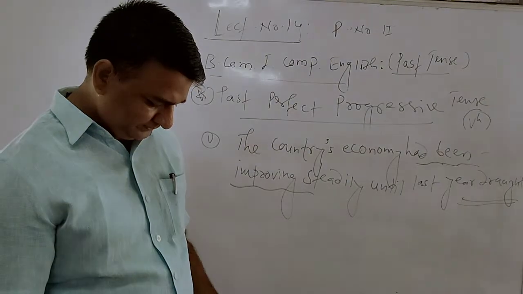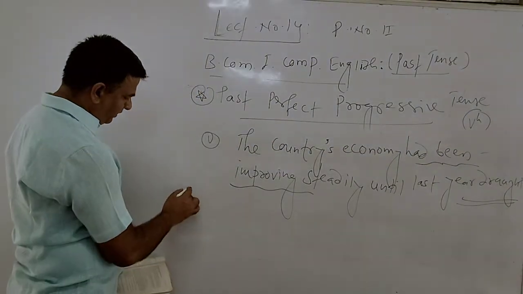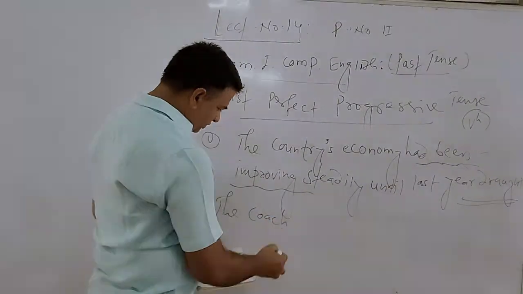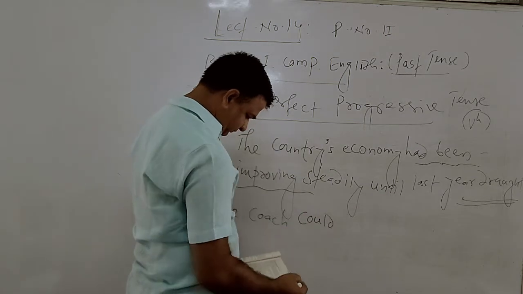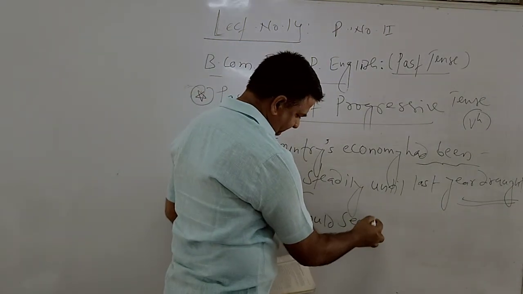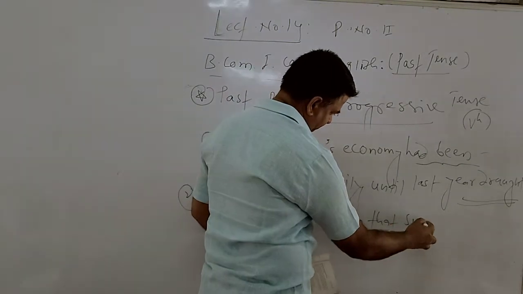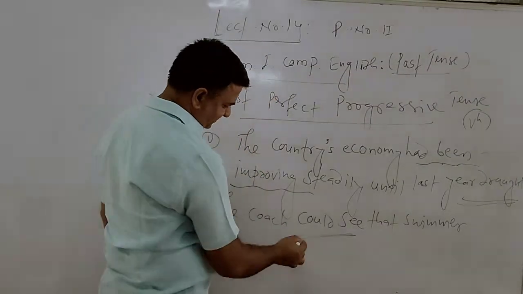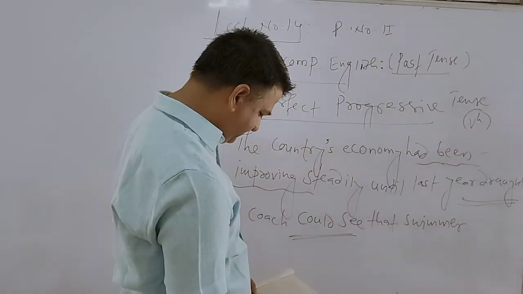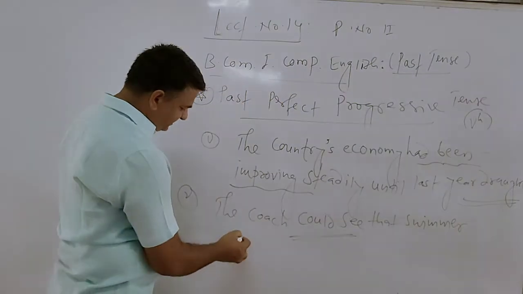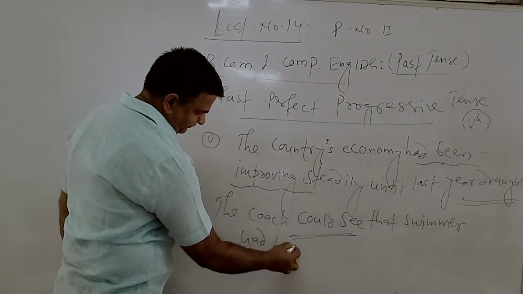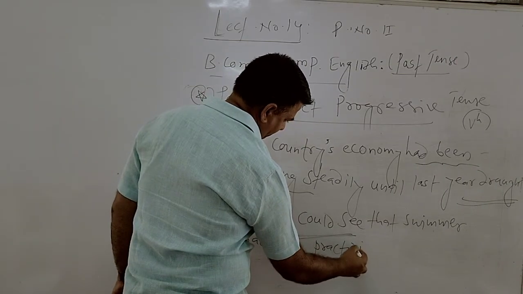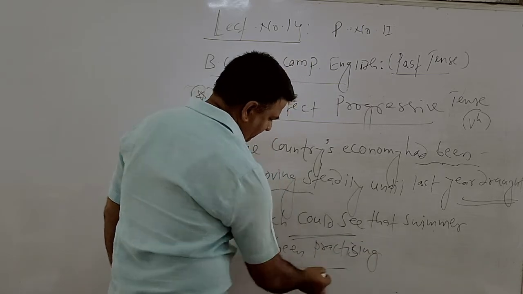Again, we can simply say, the coach could see that the swimmer had been practicing. The coach could, simple past tense, see that the swimmer had been practicing.